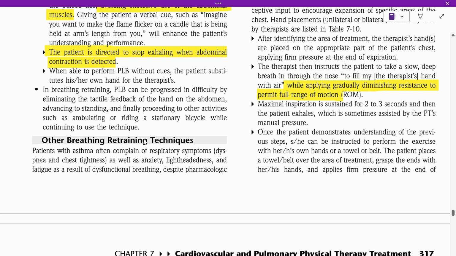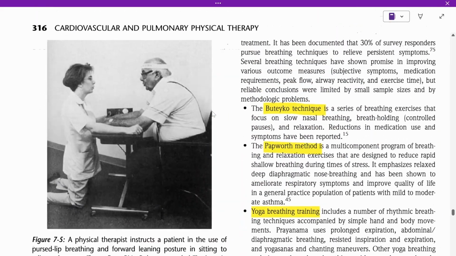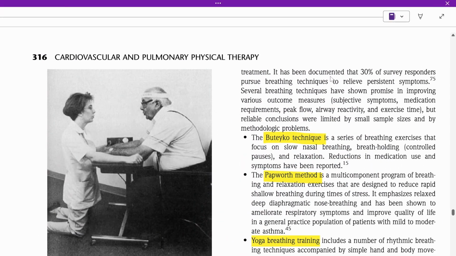Other breathing retraining techniques. Patients with asthma often complain of respiratory symptoms, dyspnea and chest tightness, as well as anxiety, lightheadedness and fatigue as a result of dysfunctional breathing despite pharmacological treatment. It has been documented that 30% of survey responders pursue breathing techniques to relieve persistent symptoms.